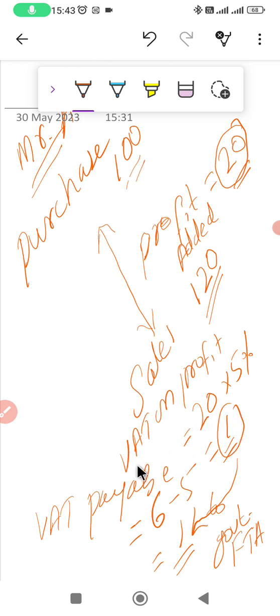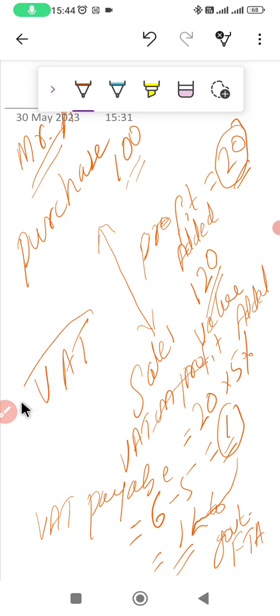I use the term VAT on profit. Instead of profit, I can use value added. So it will be a VAT on value added. That's why the term value added tax came. This is the relevance of this term.